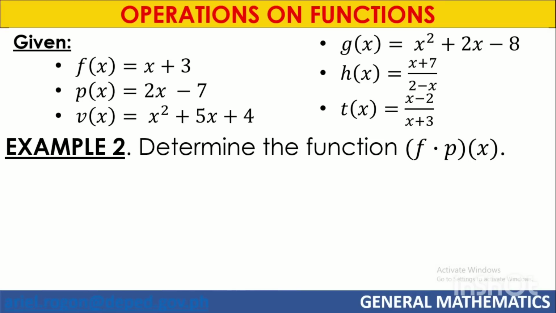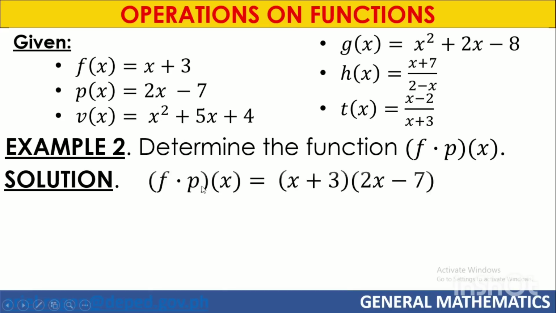Let's proceed for the next example. Multiplication. We need to multiply the given function f of x, ito yon, times p of x. So, ita-times natin si x plus 3 times 2x minus 7. So, ang sikat na sikat na ginagamit nyo dito is yung FOIL method.